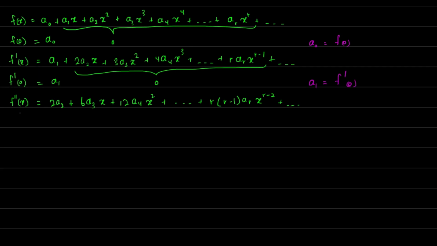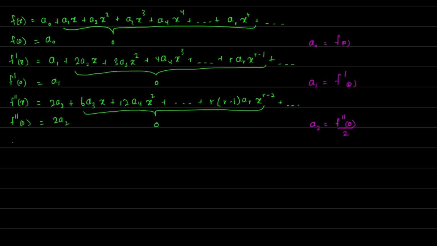Then again do the same thing, set x equals 0, and we get f''(0) being equal to, so once again this entire section containing x terms becomes equal to 0, so that gets eliminated, leaving us with just 2 a2, and that means a2 is equal to f''(0) divided by 2.